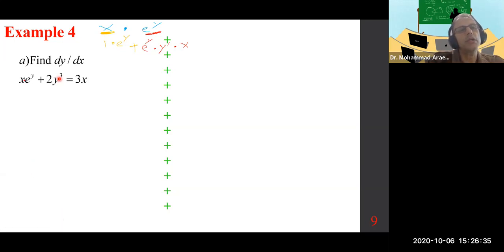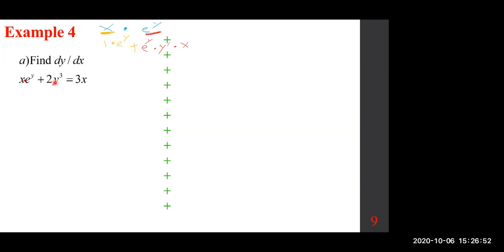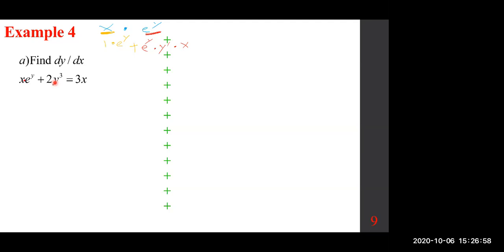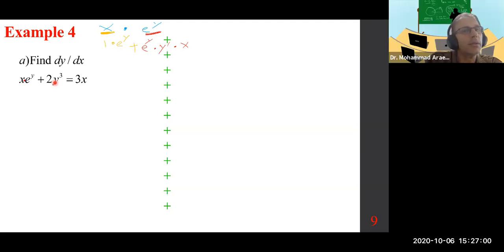2y cubed. What's the derivative for 2y cubed, class? Nobody? Would it be 6y squared? No, 6y squared times y prime.